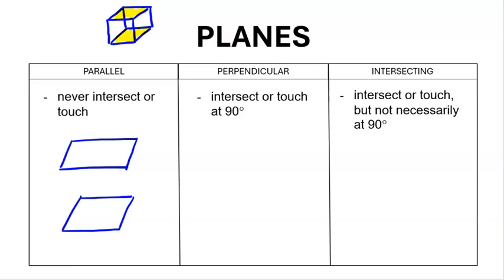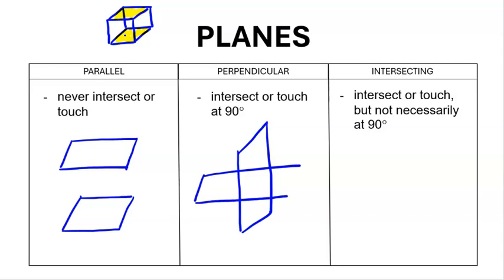And then we've got perpendicular planes. If you wanted to take a stab at drawing these, we could draw a vertical plane kind of like this. Then we could draw a horizontal plane like that, connect diagonally on the square here, and then we could erase or dash those lines there.